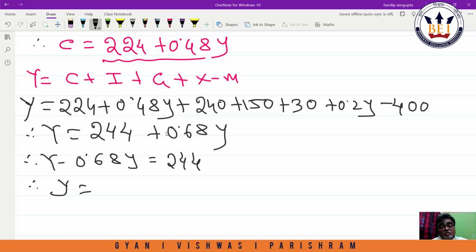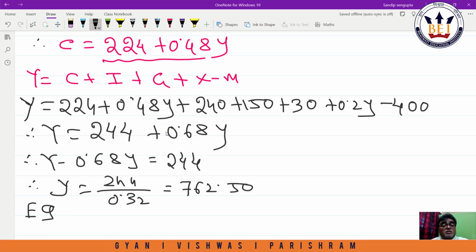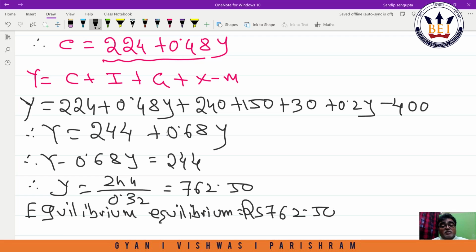So y is equal to 244 by 0.32. It comes to 762.50. Means equilibrium income equals INR 762.50.